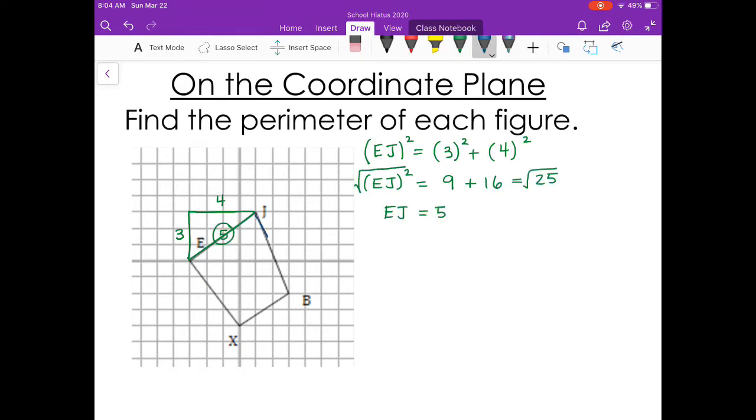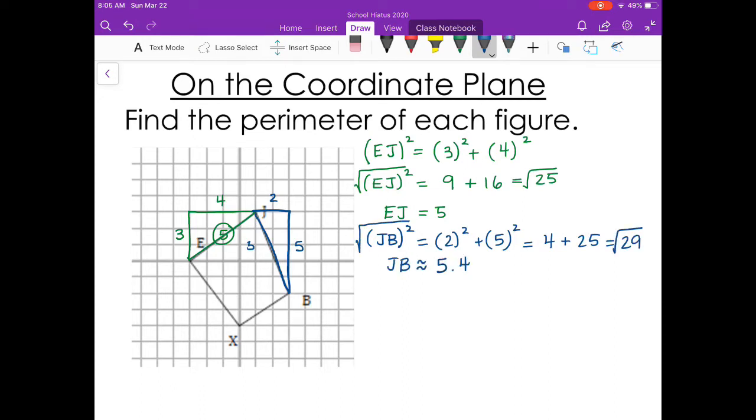We'll repeat the same process for segment JB, creating a right triangle with side lengths 2 and 5, and substituting to find the length of segment JB as well. We'll repeat the process again for segment XB, substituting the lengths of the legs into the Pythagorean theorem once again to solve for the length of that segment.